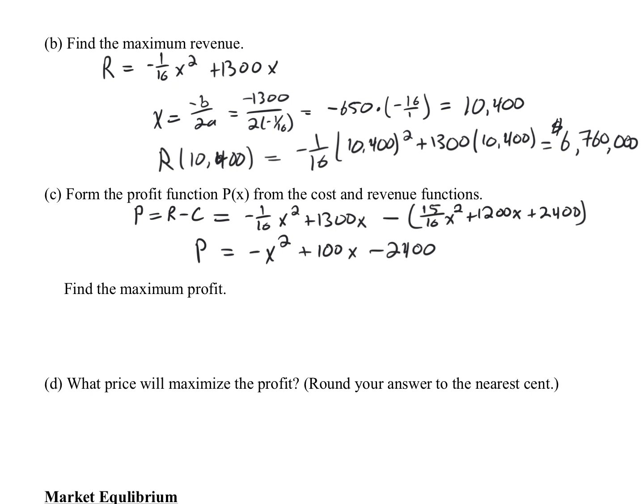So that's our profit function. To find the maximum profit, we need to find the vertex of the profit function. So x equals negative b over 2a. This time b is 100, a is negative 1. So we get negative 100 divided by negative 2 is 50.